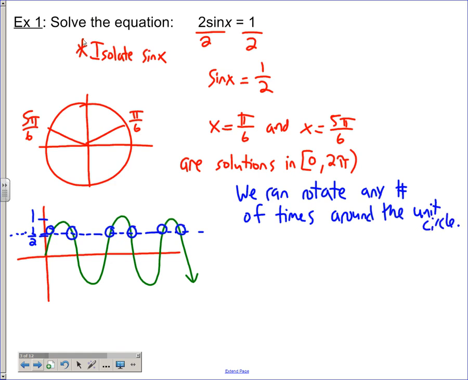Okay, so we're going to take our period, which is 2 pi, that's 1 full time around, and we'll just add an integer multiple to our answers. So our two solutions are x equals pi over 6 plus 2 pi n, and x equals 5 pi over 6 plus 2 pi n.